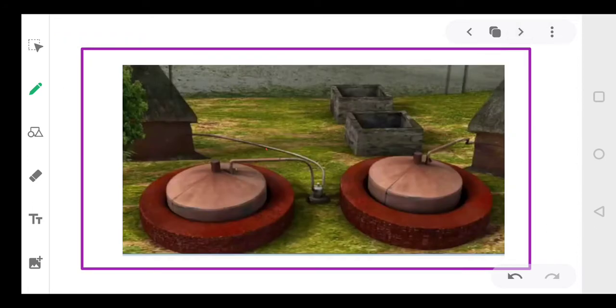You must have observed this kind of structure in certain cities and villages. This is nothing but a biogas plant, dear students. Have you noticed such structures? Yes, I think you must have noticed.